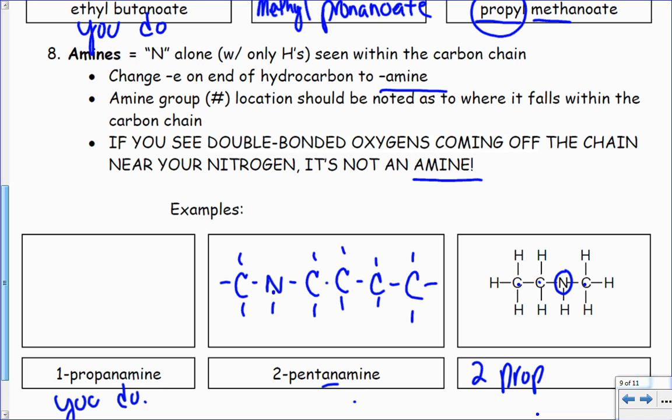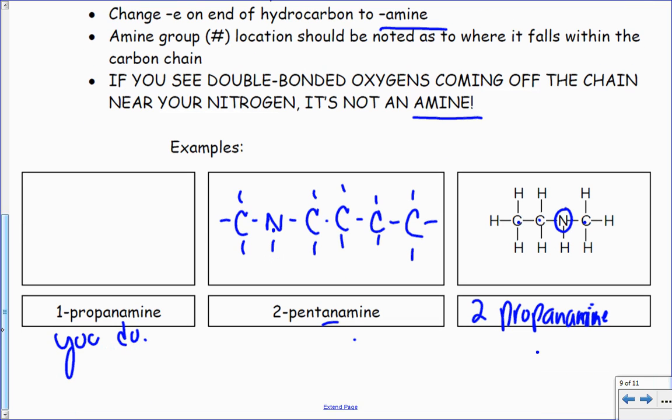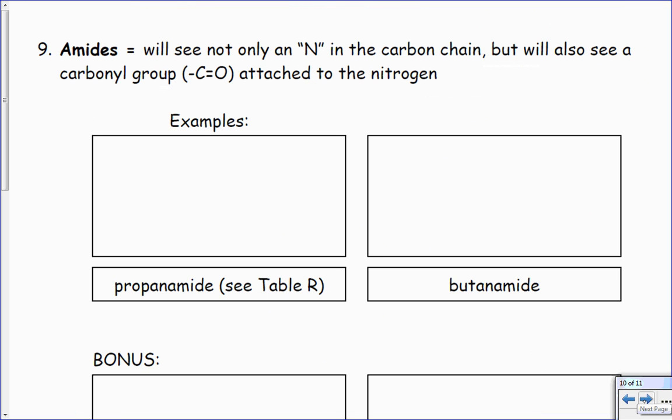Single bonded just like here, so it's AN, so it would be propane. Lose the E, and it's amine. Spell better, Mr. Milks. 2-propanamine. Okay, sorry about the mistake on the one.